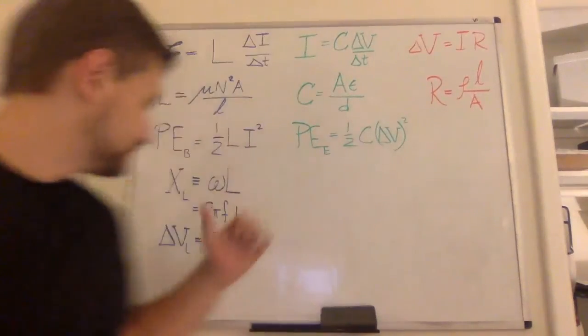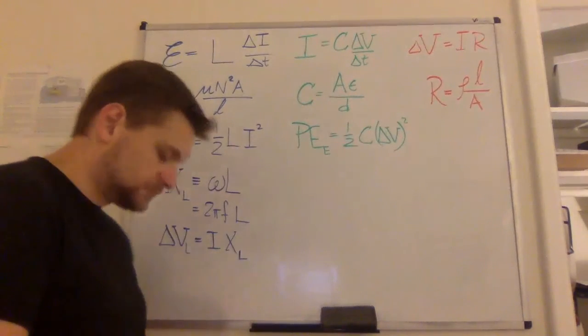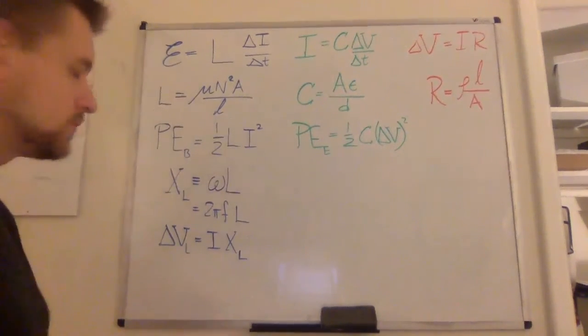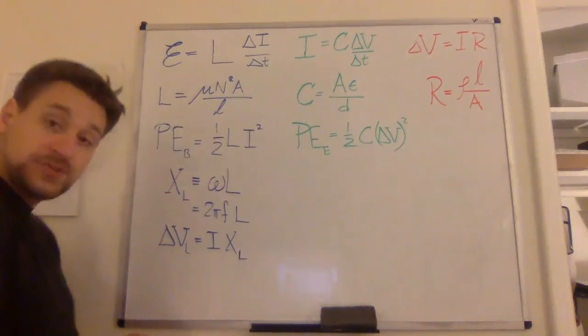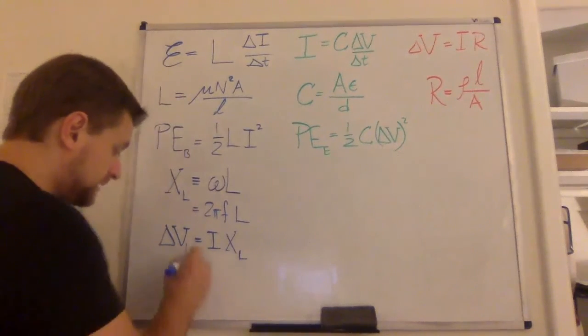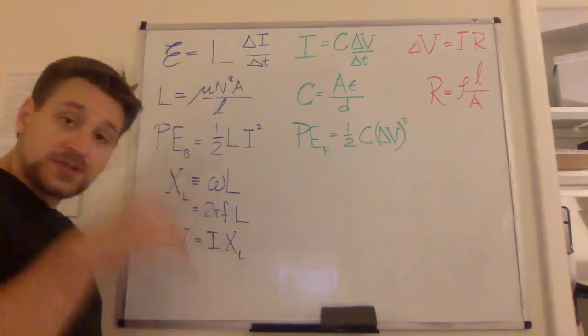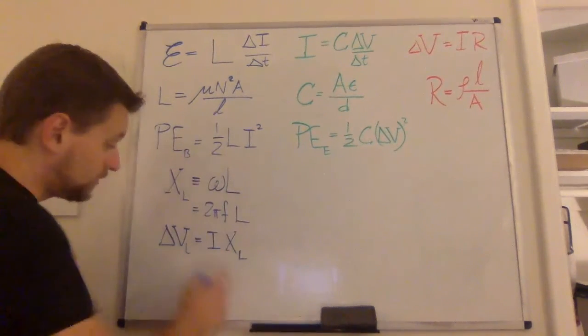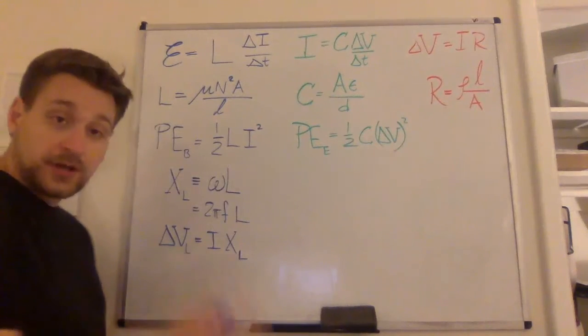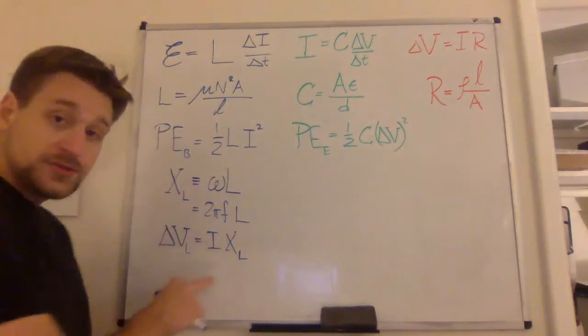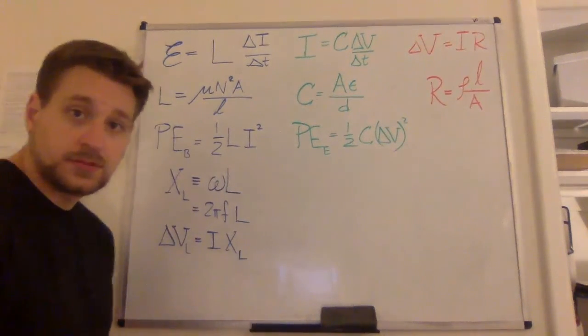These are either amplitudes, that the amplitude of the voltage, because the voltage will vary sinusoidally, or the amplitude of the current. Either amplitudes or RMS.